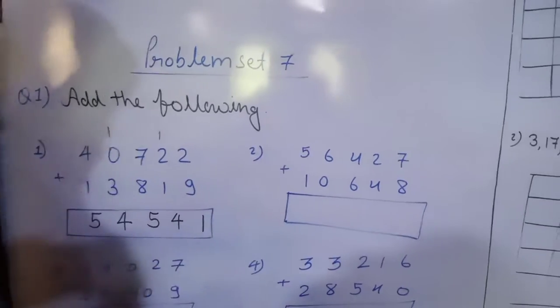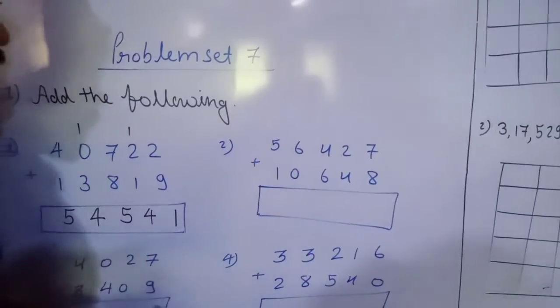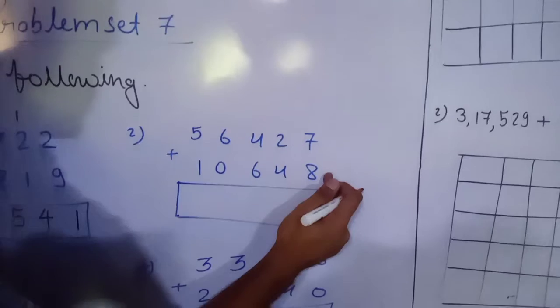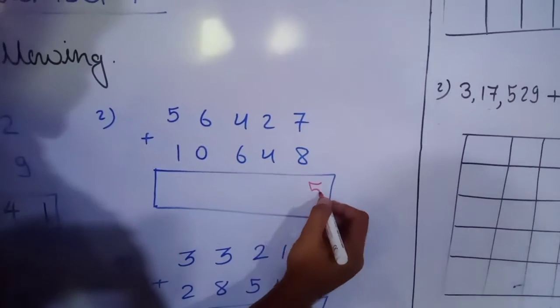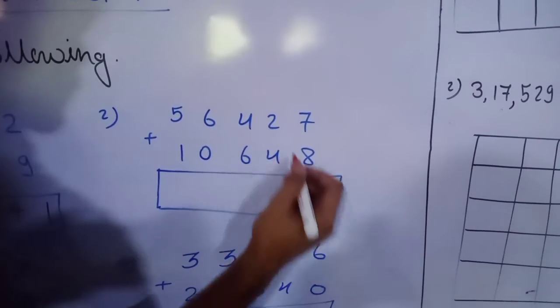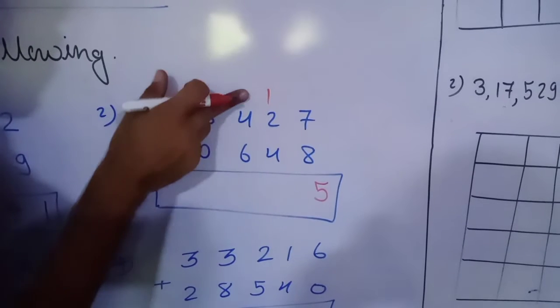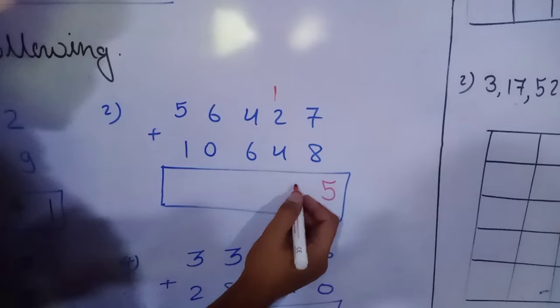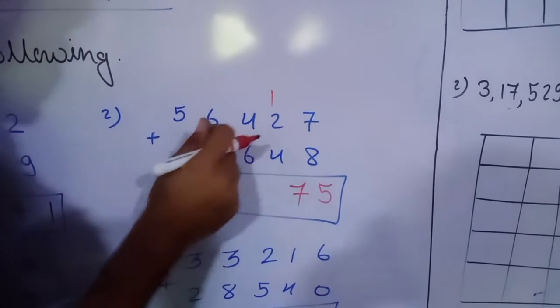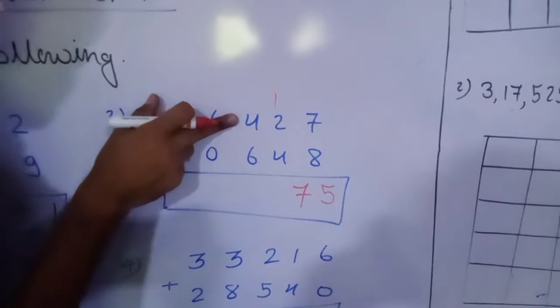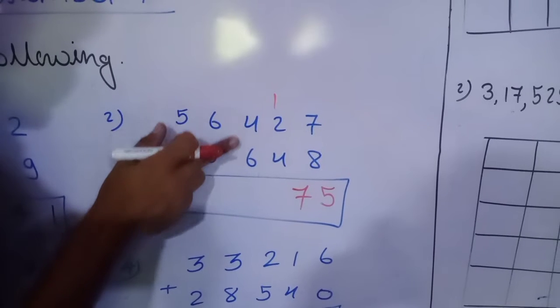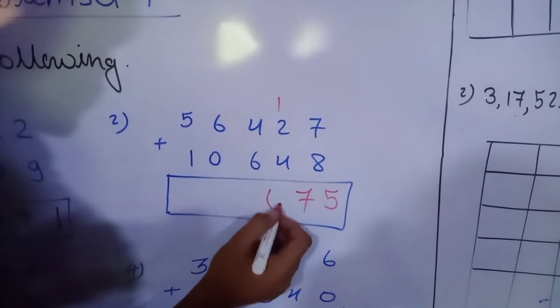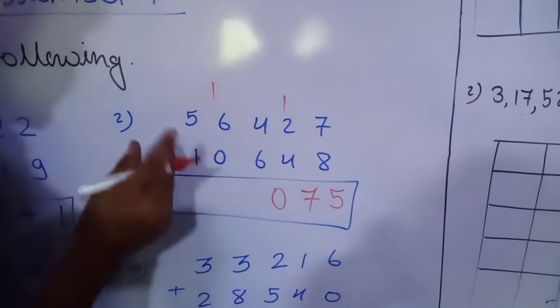See the next sum. Here we have 7 plus 8, 15. 5. We got a 2-digit answer, so the digit at the tens place will go for carry. 1 plus 2 is 3. 3 plus 4 is 7. Next digit, the 100 place will add to the 100 place. 4 plus 6 will become 10, 1 carry.